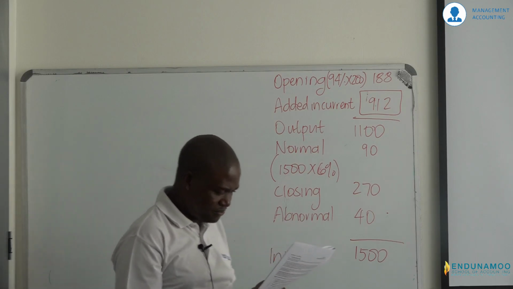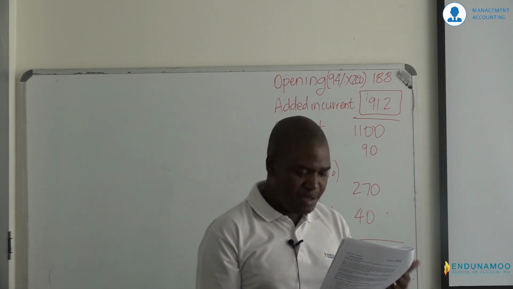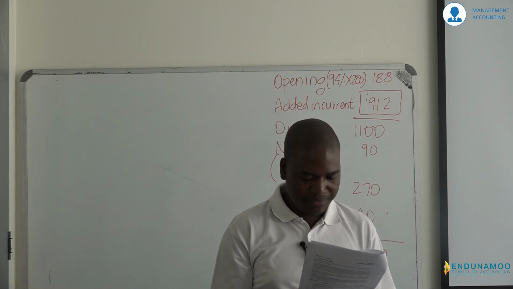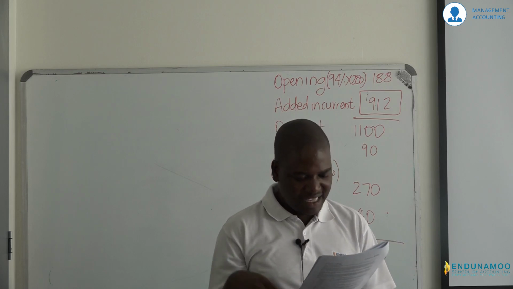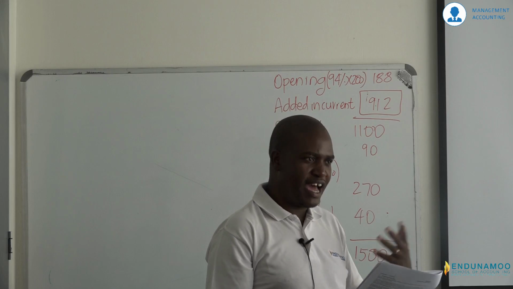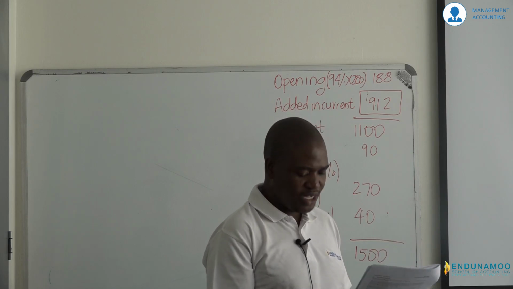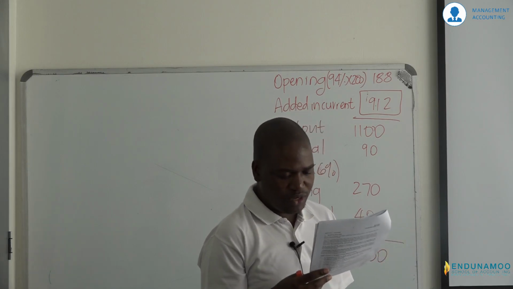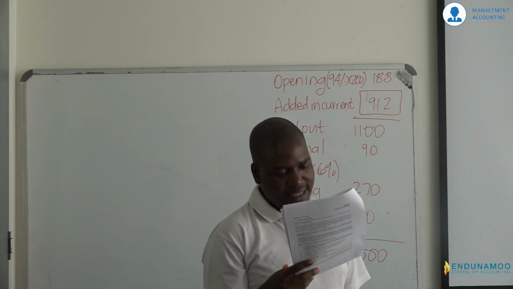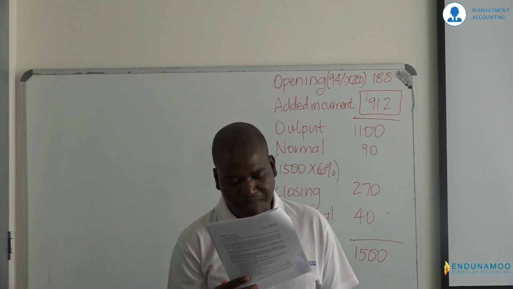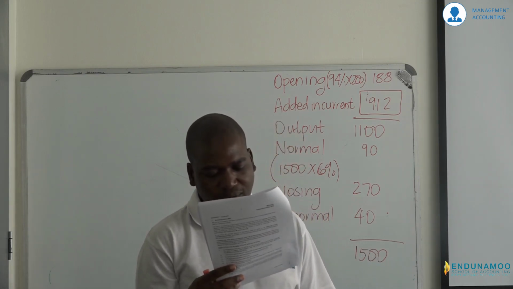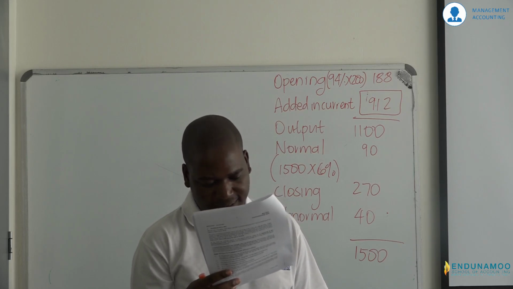But we're going to get them. Then based on your answer in B, calculate the equivalent cost per unit, 3 marks. That's why I said to me that if you can get the production schedule, you should be done with process costing. Because you can see equivalent cost per unit is only 3 marks. Then they say, using your calculations in part B and C, prepare the statement of profit or loss for the month of October, 12 marks.